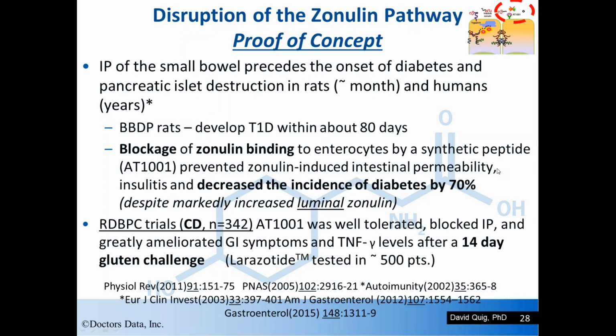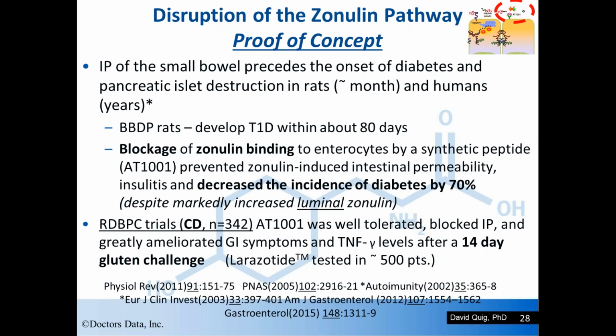Now, randomized double-blind placebo-controlled trials of celiac disease patients indicate that this synthetic peptide that blocks the zonulin binding was very well tolerated. It blocked increased intestinal permeability and greatly ameliorated GI symptoms, as well as lowered TNF-gamma levels after a 14-day gluten challenge.